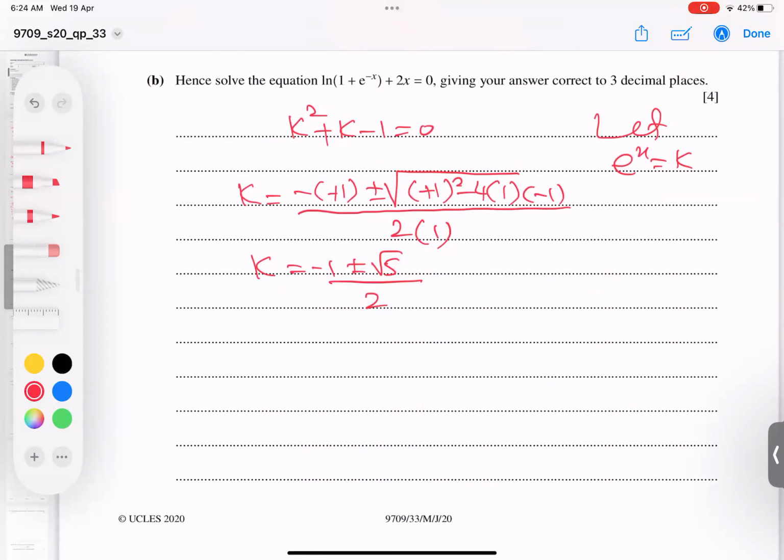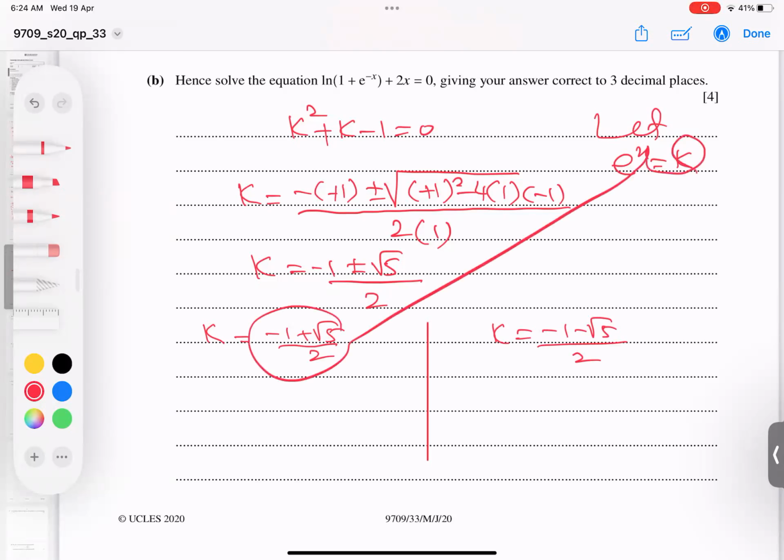Now what is he asking? Three values, two dp or three dp, sorry, he's asking for. So I will use them one by one. One time I use negative 1 plus root 5 over 2. One time I use negative 1 minus root 5 over 2. So let's see what I can do. And I will plug in this value here.